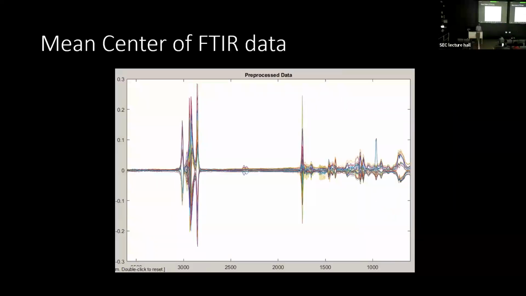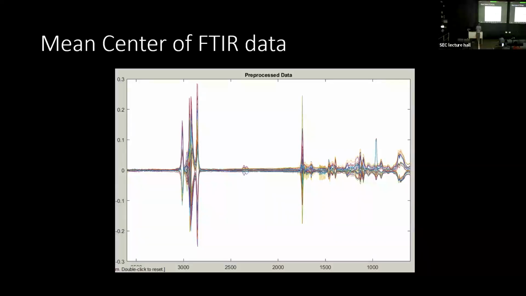If we do what's called mean centering, so we take the mean of the entire data set and subtract it from each individual spectrum, we can then throw away what's the same and keep what's different because we only care about what's different. So for the biomarkers, it's what has changed in this biomarker that may be diagnostic of a disease.